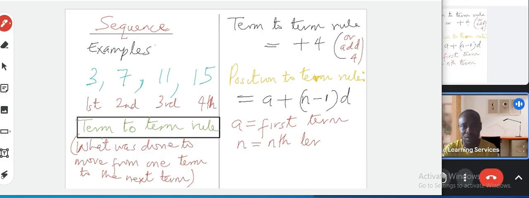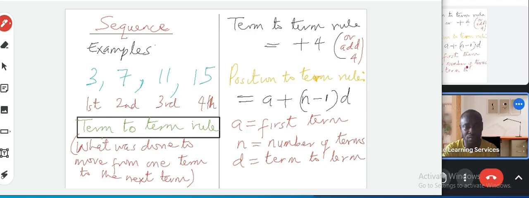Let me just call it number of terms. And D is what we call term to term rule, or common difference.